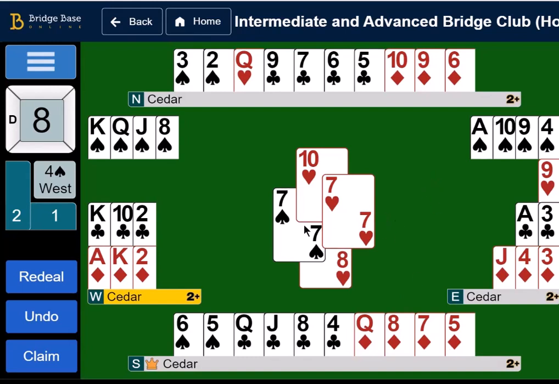So, not only do I want to go and rough something, either the club or the heart, I wish to try and create another trick, which of course now can only be by a squeeze, because there's no natural way to force a trick out of the club holding nor out of the diamond holding.